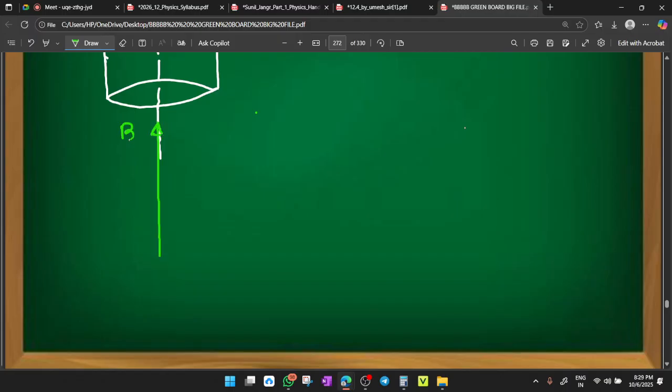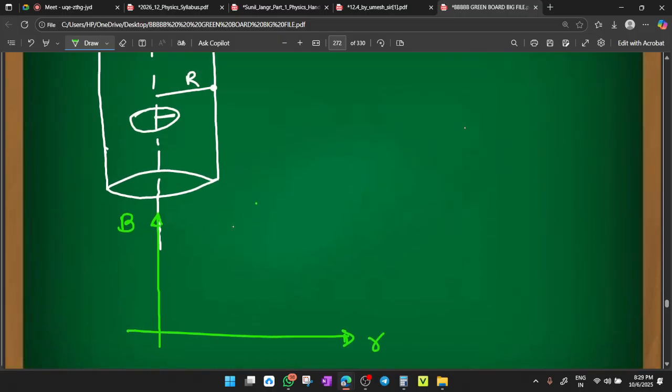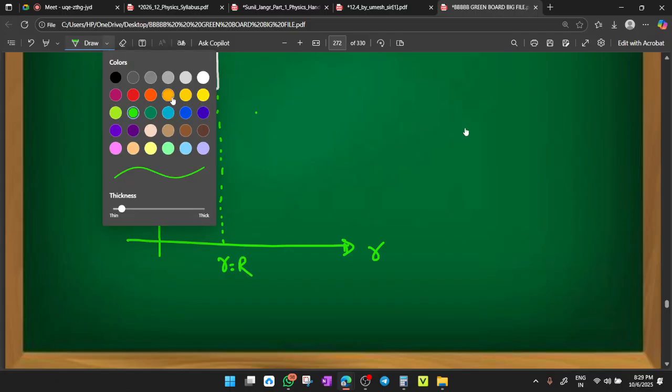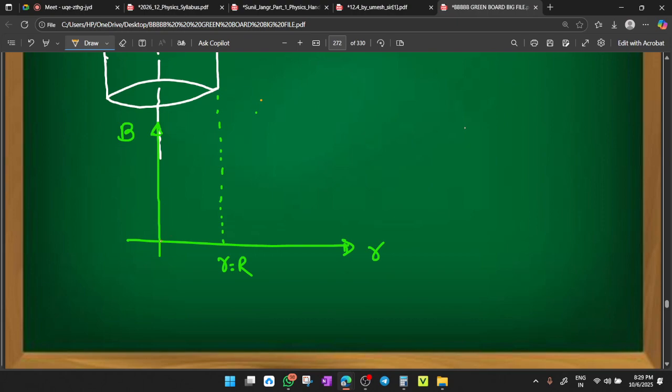This vector represents the B, the amount of B, and this side is for the radius. Up to this periphery, small r becomes capital R. The variation of magnetic field is like this, proportional. B is proportional to small r, so it is a direct variation. Clear or not clear?